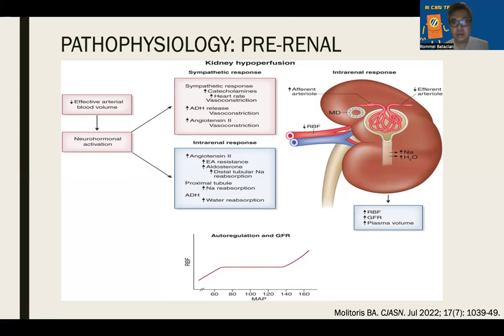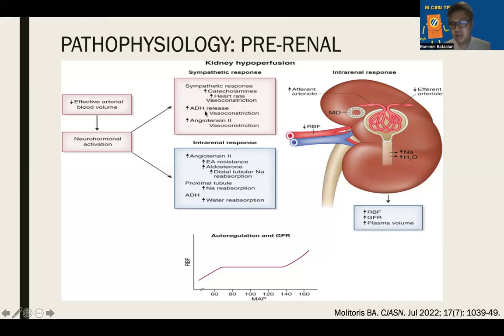So any decreases in the blood perfusion going to the kidneys would have a tremendous response, in order to hopefully compensate and restore good blood perfusion to the kidneys. So if there is a decreased arterial blood volume, there's a sympathetic response wherein there's an increase in catecholamines, increasing the heart rate.